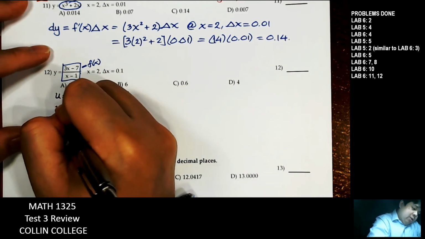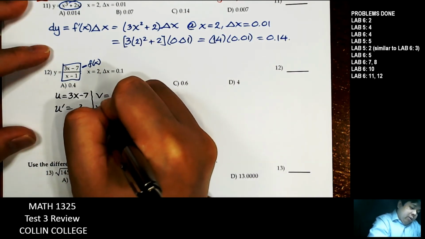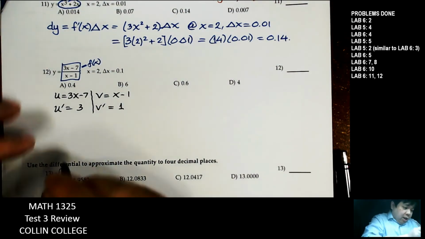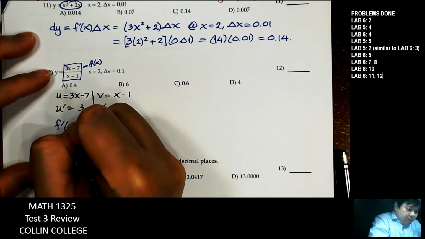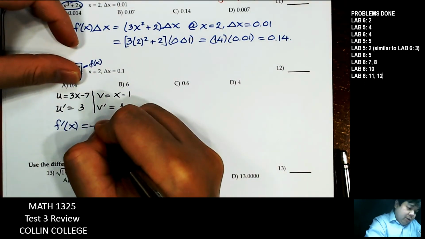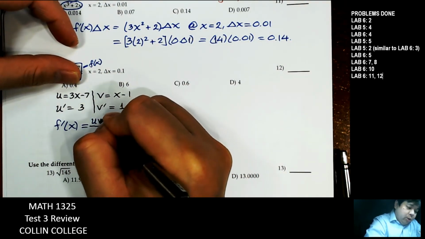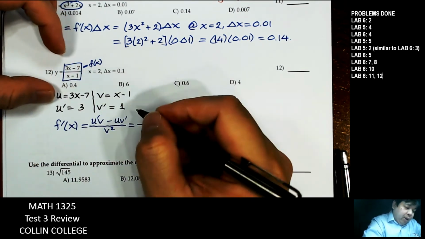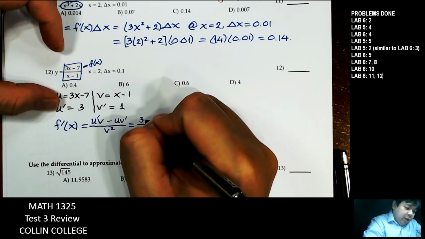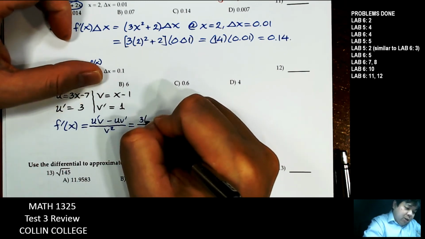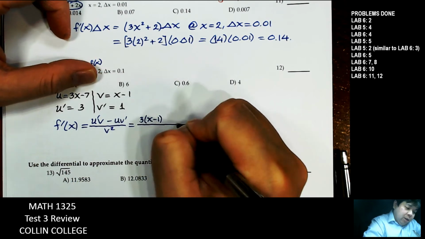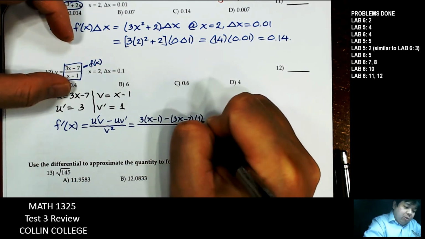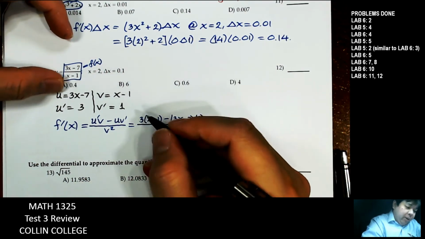Right, next one, the same thing pretty much, but we have the quotient rule. So just take the derivative. So this is the function. We use the quotient rule, u equal to 3x minus 7, v equal to x minus 1, u prime is 3, v prime is 1.